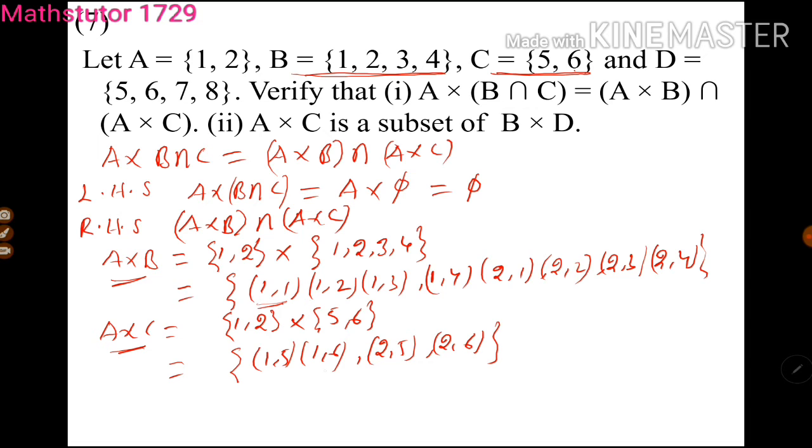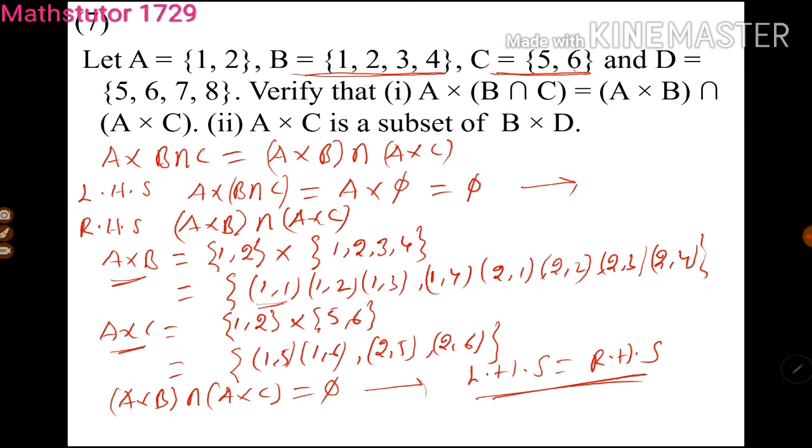See, (1,1), there is no (1,1), (1,2), no, (1,3), no. So similarly, there are no common elements in these two sets. So the intersection of these two sets is the empty set. Okay, so from LHS we got the empty set and RHS we got the empty set. So LHS is equal to RHS, hence proved.